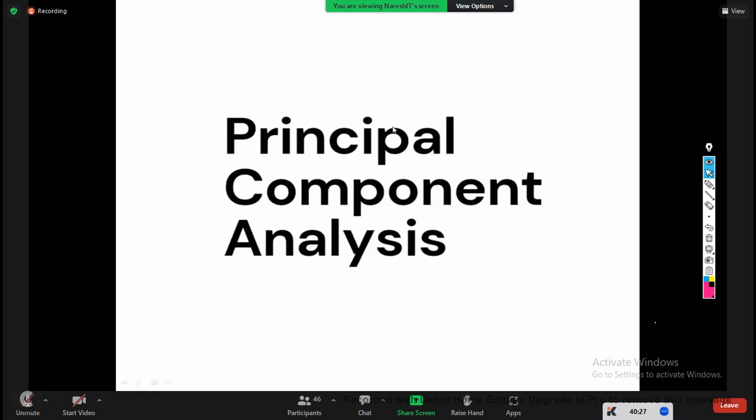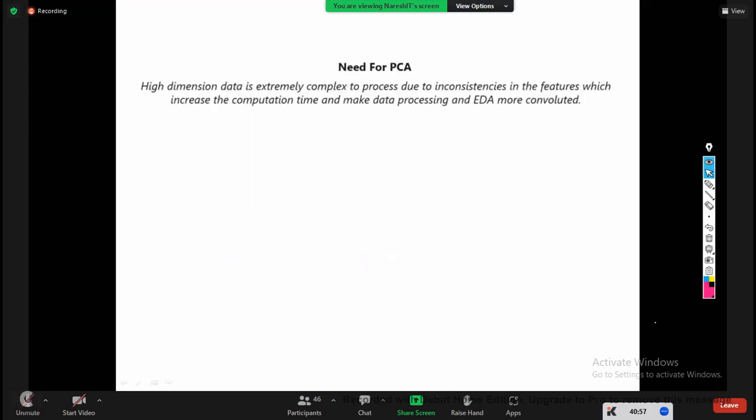PCA is called a feature extraction method. Right? So now you are doing the feature extraction, that is PCA.